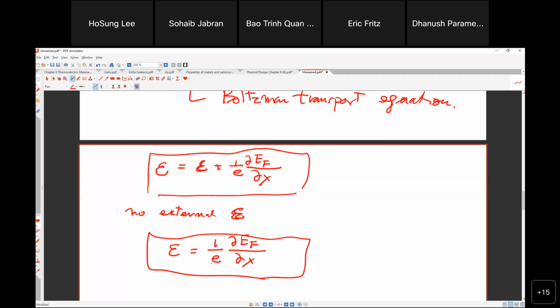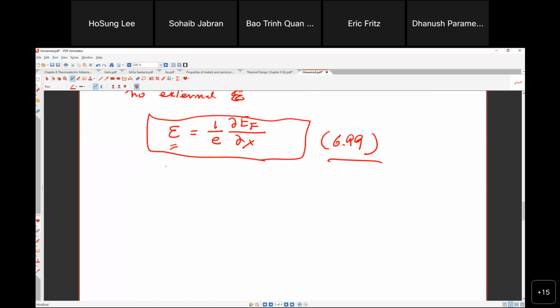We got it, electric field. So this analytical analysis indicates the Fermi energy gradient is associated with the electric field internally. Okay, this is external.